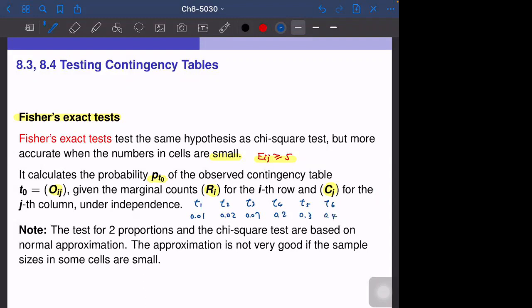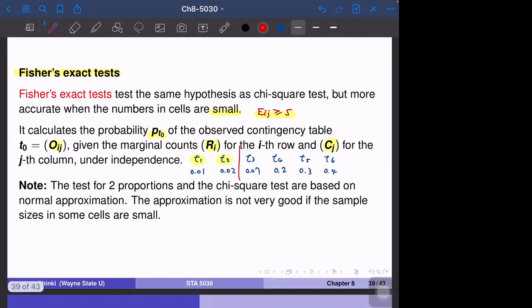Then this T1 is the most extreme. Maybe T2 is also extreme. If we use the 5% threshold, T1 and T2 are extreme tables, and the others are just usual tables. So we define T1 and T2 as significant, so that we reject the null hypothesis that the two factors are independent.